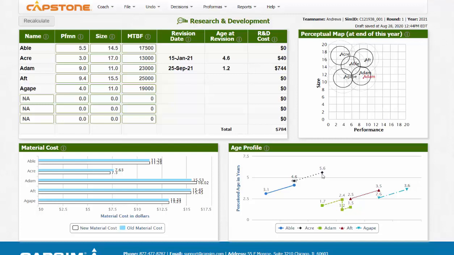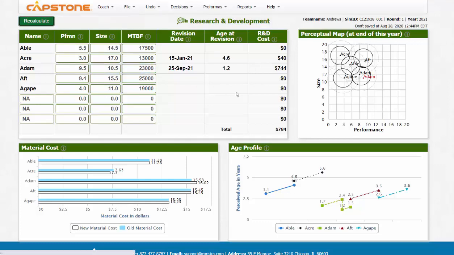Second, if you make very large changes in R&D, it can be that your product needs to be in the R&D department for more than a year. And when that happens, you will not be able to make changes in R&D for that product next year. Let's say we have reconsidered and we want to change the performance to 9.5 from the original of 8 and the size to 10.5 from the original of 12.